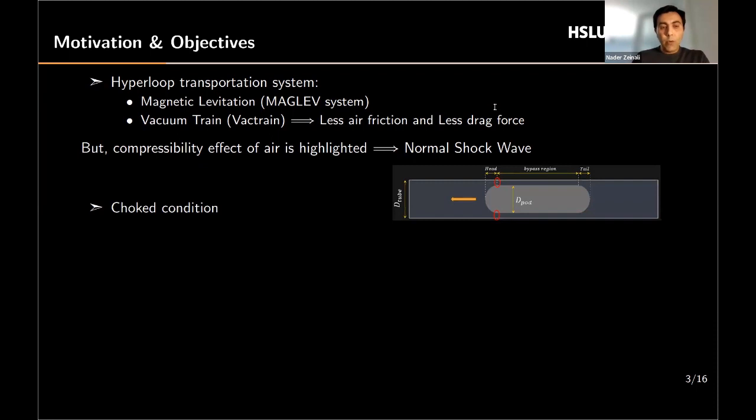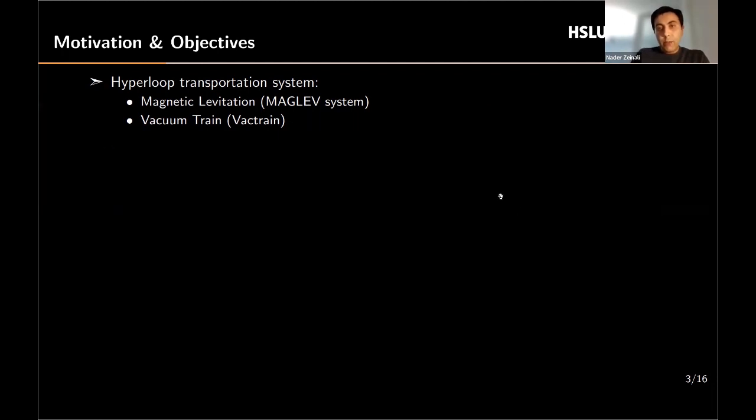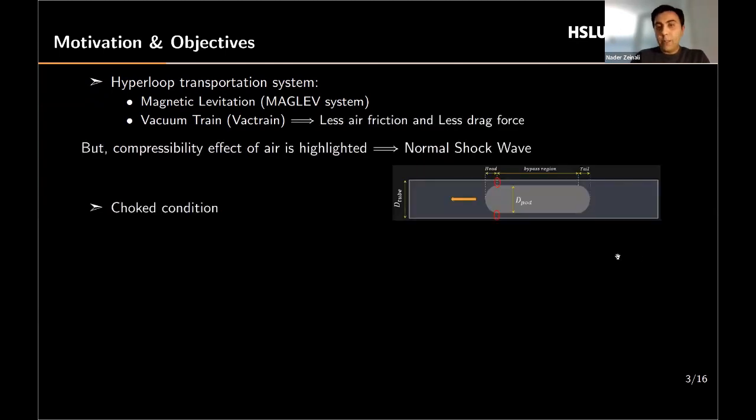Basically, a normal shock wave is generated as a result of choke condition, which occurs at the minimum area, the red markers here. The mass flow rate becomes constant, and the air will be more accumulated in front of the pod than going through the bypass region. The accumulated air will increase pressure, density, and temperature, which causes a normal shock wave.